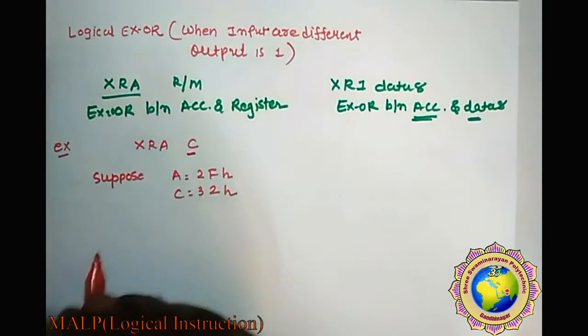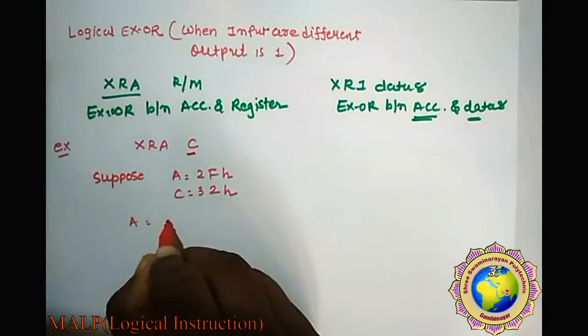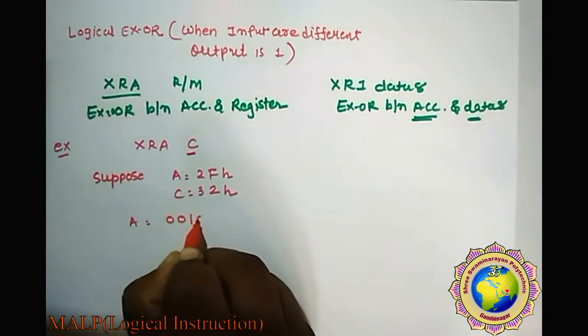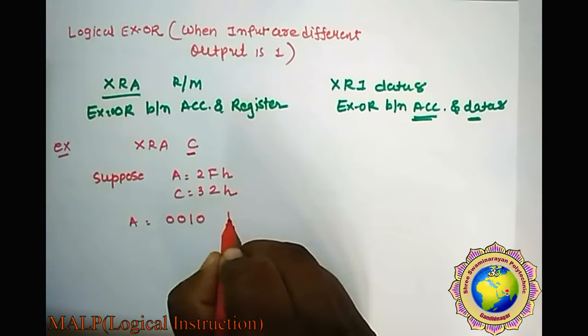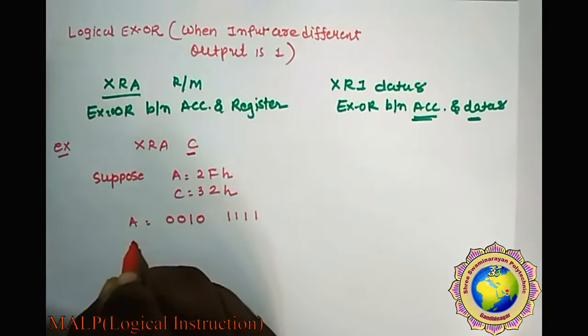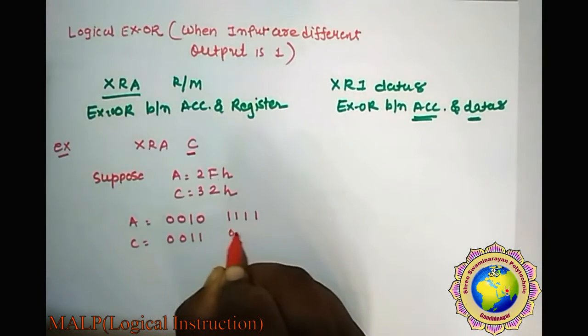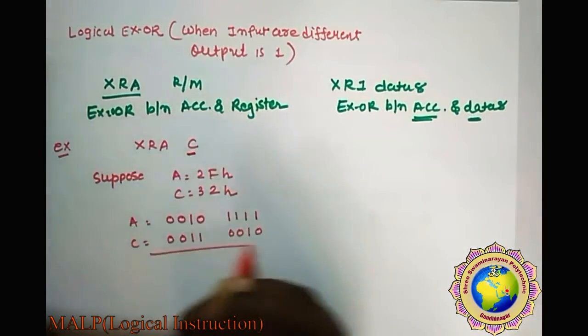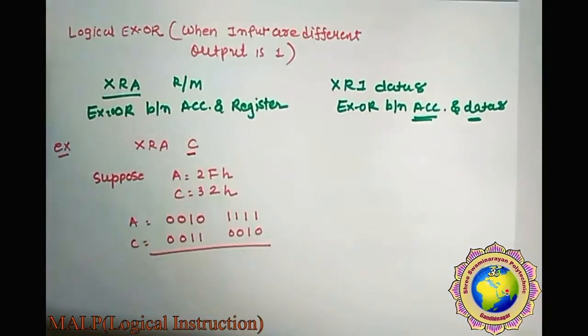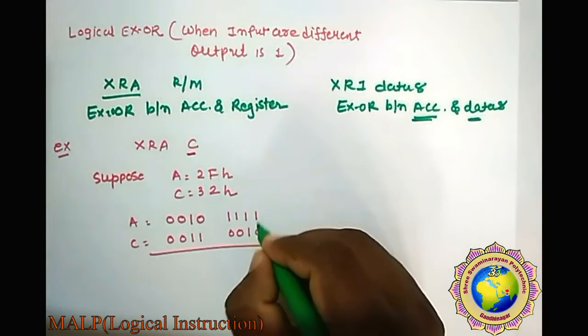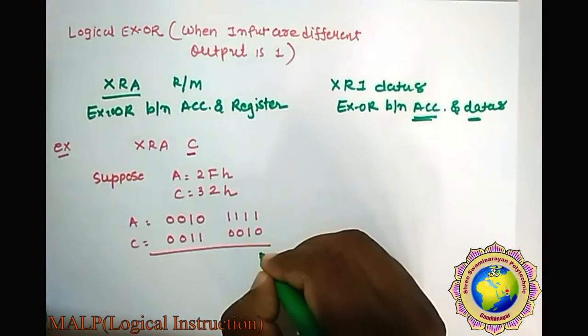First make the binary of A, that is 0010, F is 1111. C is 3, 0011, 2, 0010.